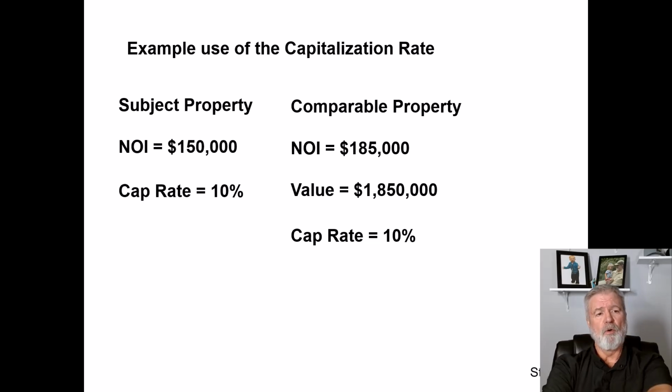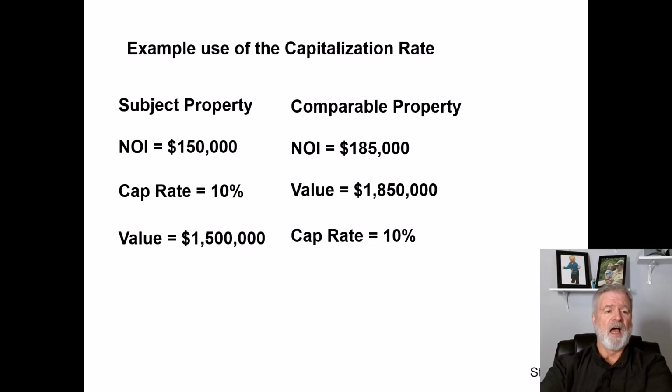So now I know, from my subject property, my net income is $150,000. The cap rate for this market is 10%. Well, to figure out the value, again, is net income, $150,000, divided by the cap rate, in this case 10%. I now know the value of my subject property is $1.5 million.